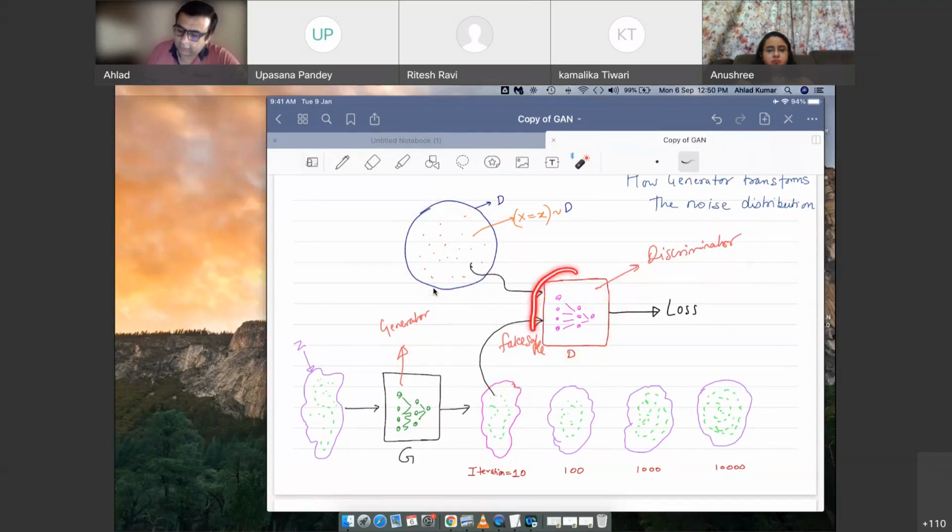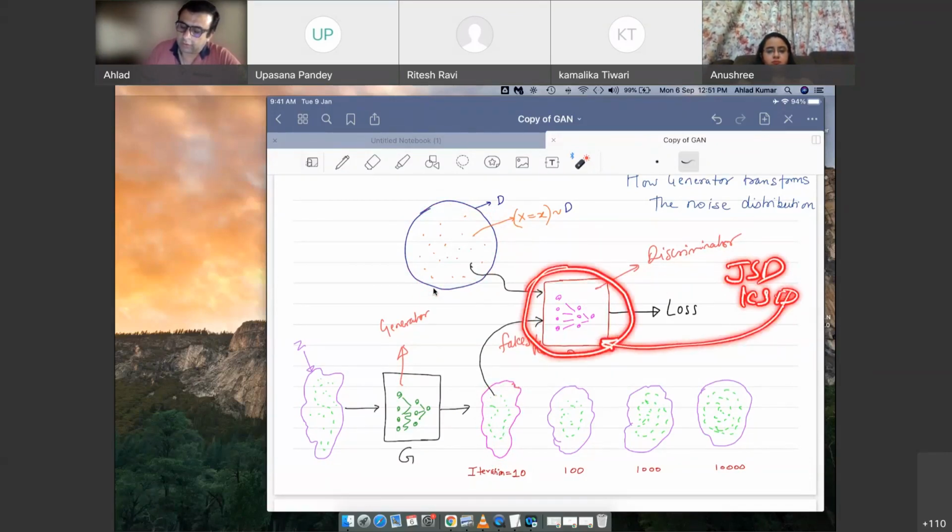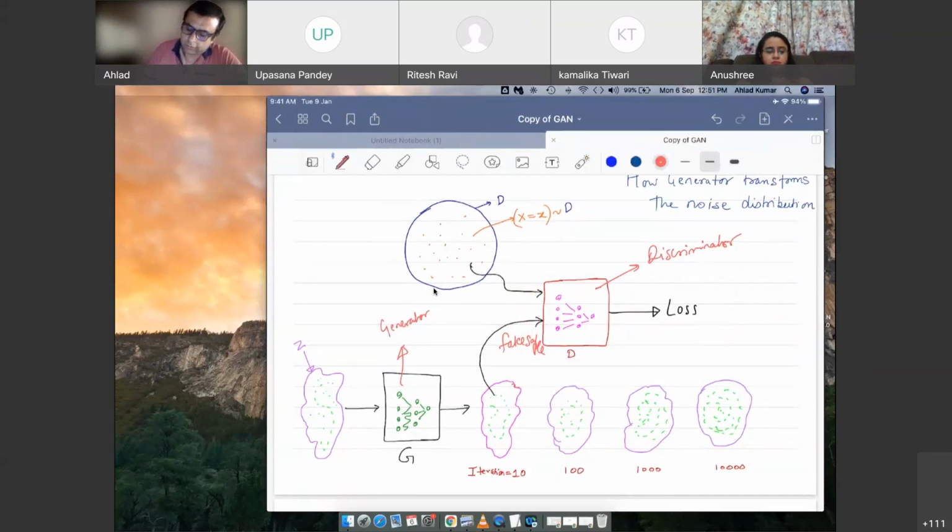So in terms of neural network modeling, we are replacing JS divergence or KL divergence by this neural network model, which compares this distribution, D hat, with D. So it is modeling that. What is this discriminator model? This discriminative model we have already discussed.